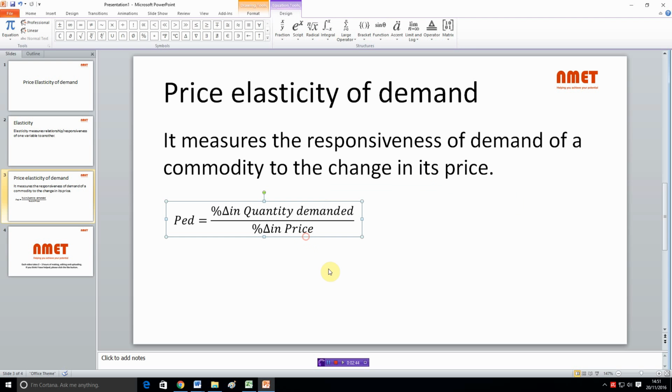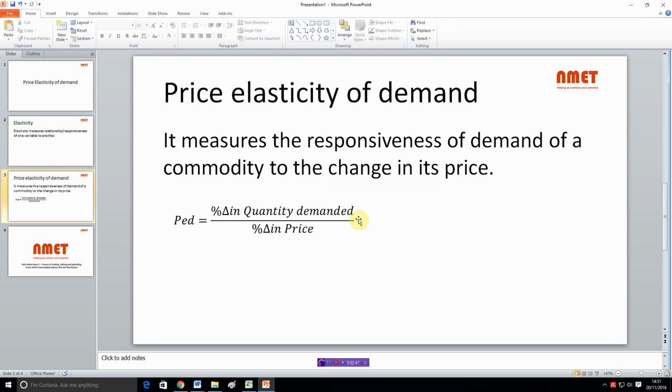For normal goods, what we've got to remember is that PED will always be negative. Why? First of all, let's put down some memos to remember.